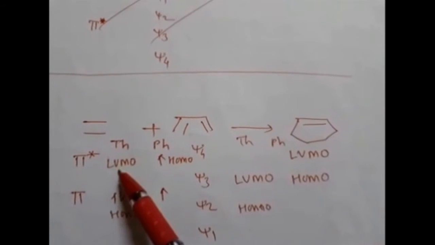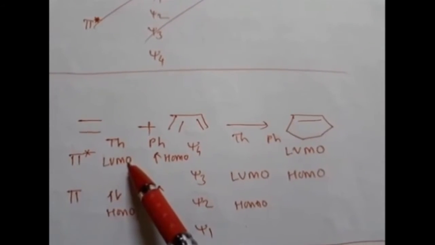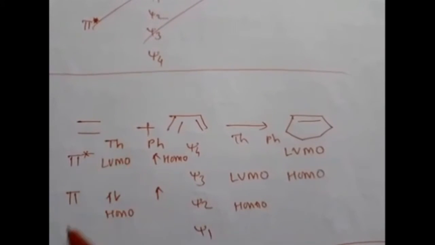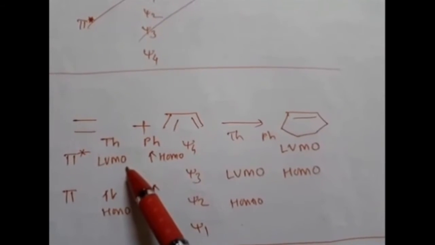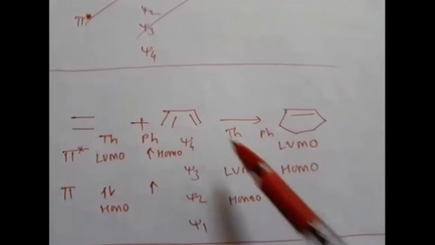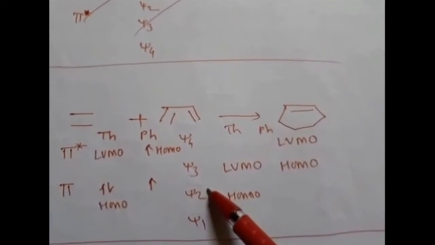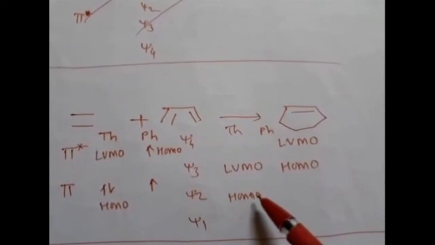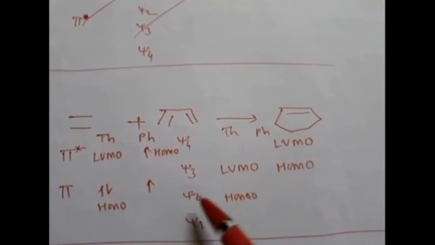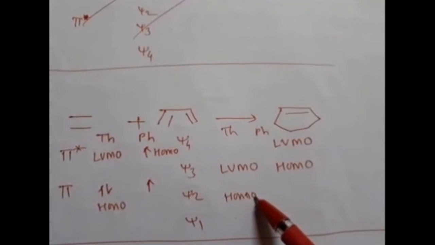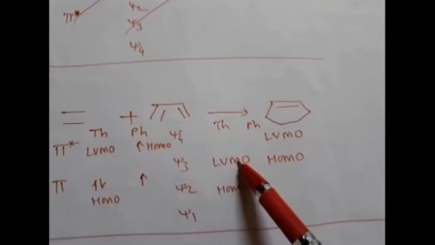Whereas here electrons are not present, so this is LUMO, that is lowest vacant molecular orbital. So in case of ethylene, pi is HOMO and pi star is LUMO. Whereas in case of butadiene, 4 electrons are present, that is 2 electrons in psi 1 and 2 electrons in psi 2. That's why psi 2 is HOMO and psi 3 is LUMO, that is lowest vacant molecular orbital.